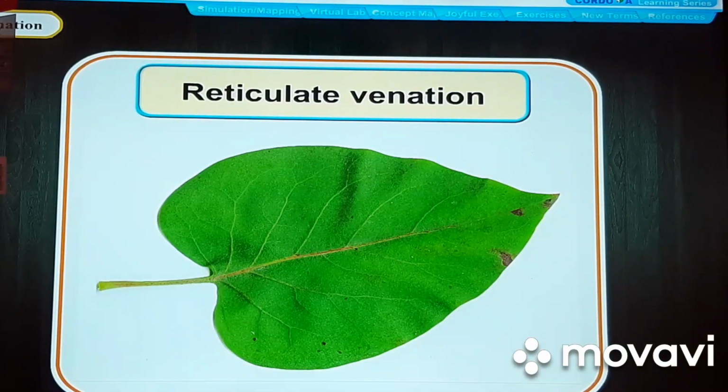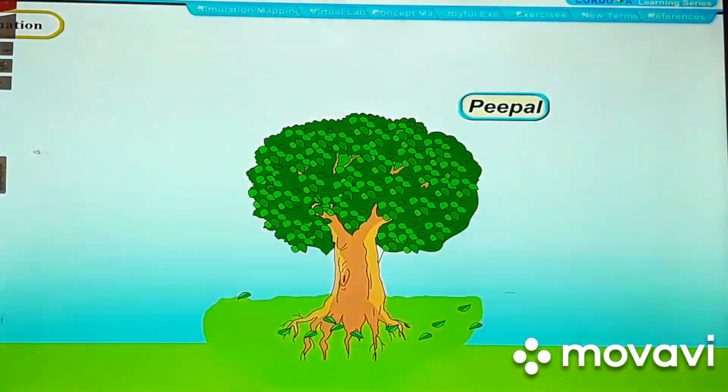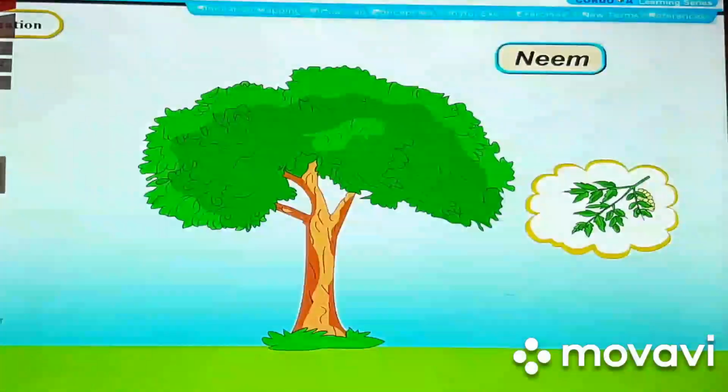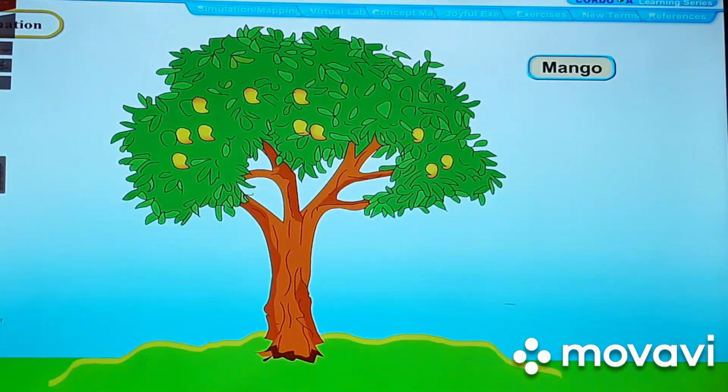Reticulate venation. If the veins form a net-like pattern on the midrib in a leaf, the venation is called reticulate venation. This is commonly seen in the leaves of the peepal, China rose, mustard, cabbage, lemon, neem, lychee, and mango trees.